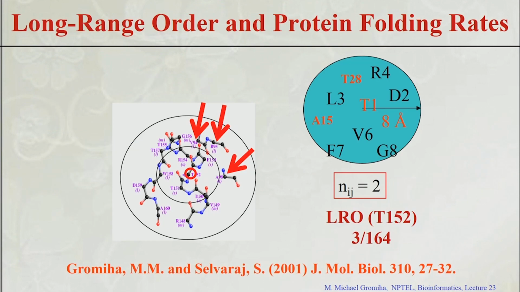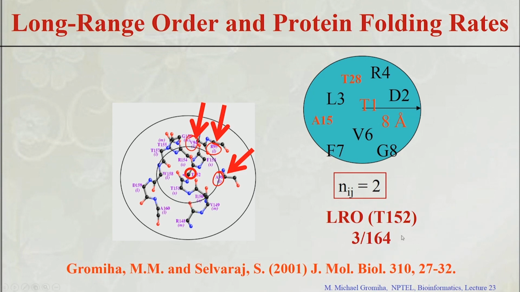How do we calculate the long range order? Here we give a sphere of 8 angstrom, look at the residues occurring within the limit, and see the residues which are at least 12 residues apart in sequence. If you take the 352 I discussed last class, how many long range contacts can this make? 1, 2, 3, so in this case 3 by 164.